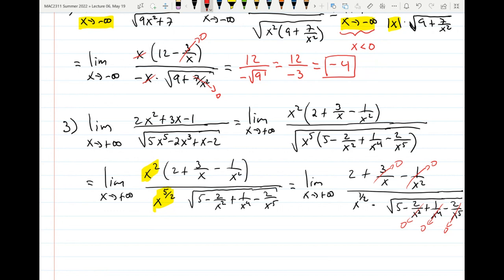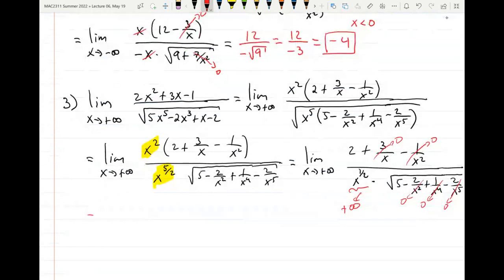If x approaches infinity, this term right here is going to go to infinity, right? So at the end of the day, what we're going to have is a number on top, namely 2 in this case, divided by something that's growing bigger and bigger. It's going to infinity. And what's the answer here? 0. Remember, 2 over infinity, that's 0.